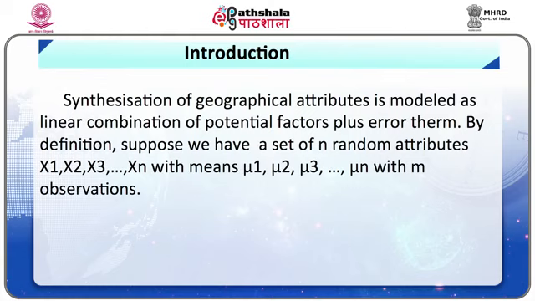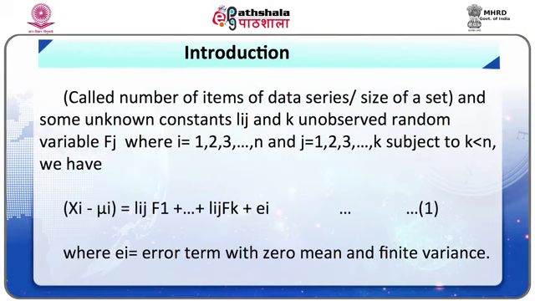By definition, suppose we have a set of random attributes x1, x2, x3 till xn, with their means mu 1, mu 2 and mu 3, with m observations, called the number of items of the data series or the size of the data set, and some unknown constants Lij and k unobserved random variables fj, where i is 1, 2, 3 up to n, and j is 1, 2, 3 up to k, subject to k less than n.